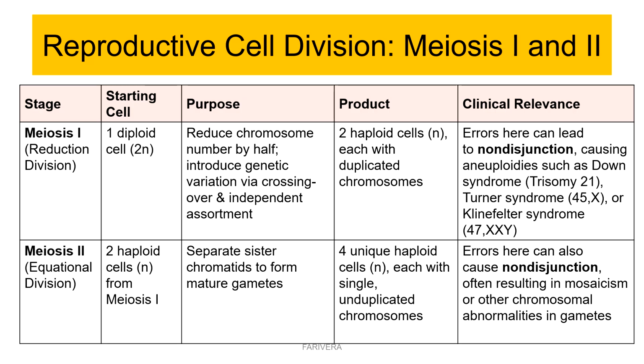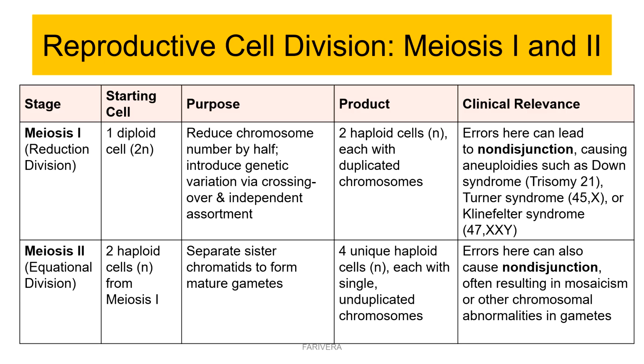Okay, so the result is two haploid cells whose chromosomes are still duplicated. While meiosis 2 then separates the sister chromatids. The final result is four genetically distinct haploid cells.